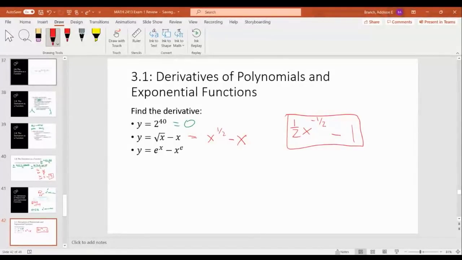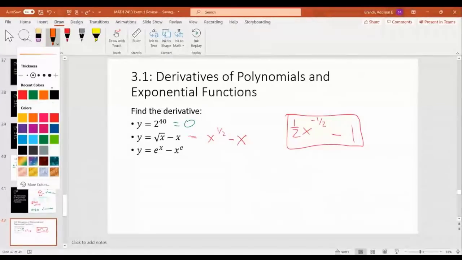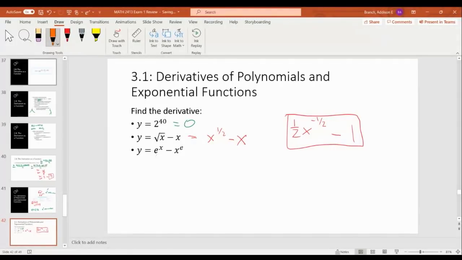All right, and then for this last one, they're wanting us to find the derivative of e to the x minus x to the e. So e to the x, that derivative will just stay e to the x. Now let's look at x to the e.